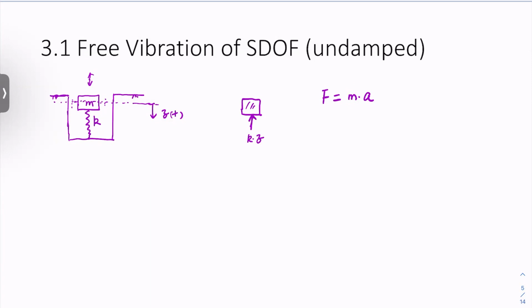So if you push this thing down by z, at the moment that you let it go, tell me, is the acceleration going up or going down? As we let it go. The acceleration will go up.